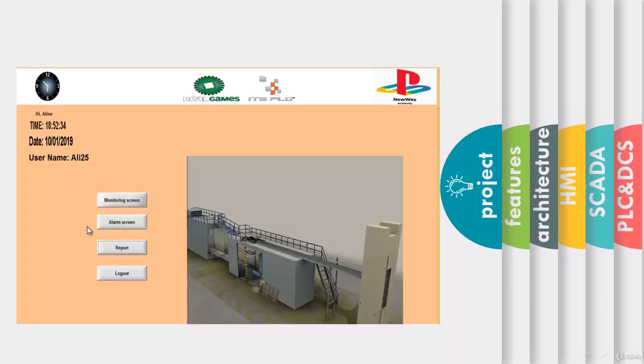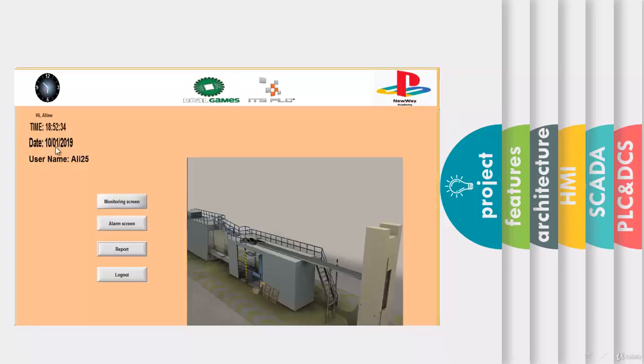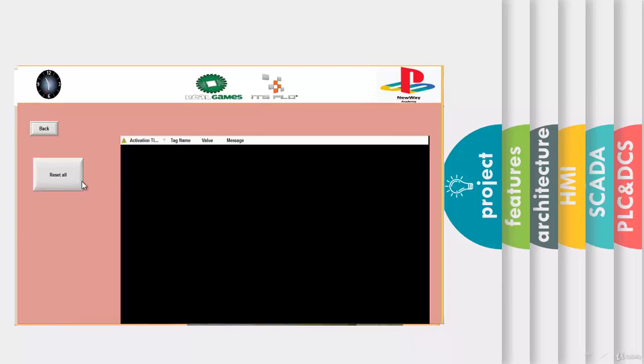If we press log on and enter, we will have a home screen. This home screen has different buttons: monitor screen, alarm screen, report screen. And if you want to log out, if we press monitoring screen, we go to the monitoring process. If we go back and go to alarm screen, you can find the alarms of the whole project.